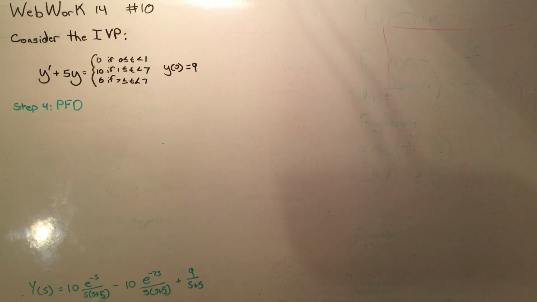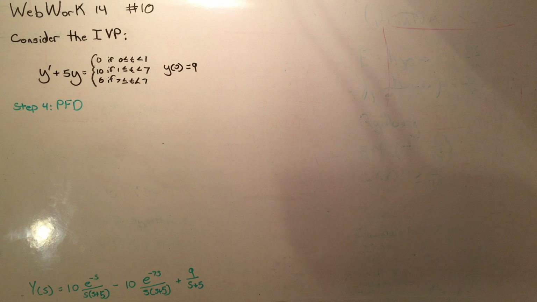Alright, so we really only have to do this once because these terms are essentially identical. The difference is this e to the negative 7s and e to the negative s. Those are the unit step function components of these terms. So we're going to just leave these out front and do the partial fraction decomposition of 10 over s times s plus 5.